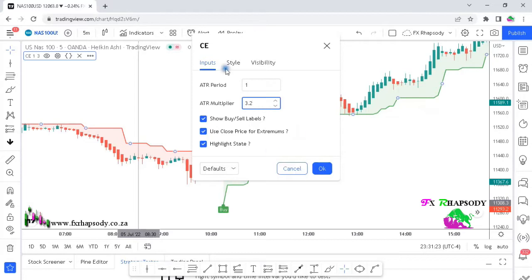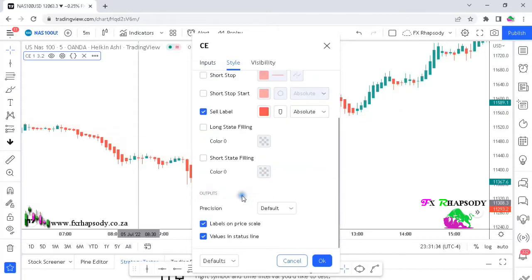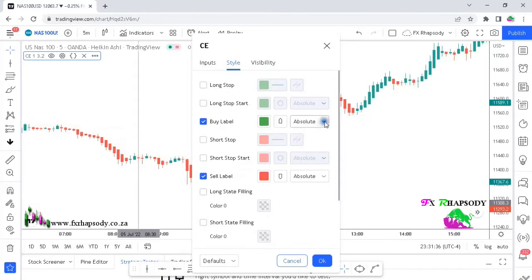Then on the style tab, take out all the lines and all the unnecessary information over there. Change this buy label from absolute to below, because we want to buy below, and the sell one will be above the bar.